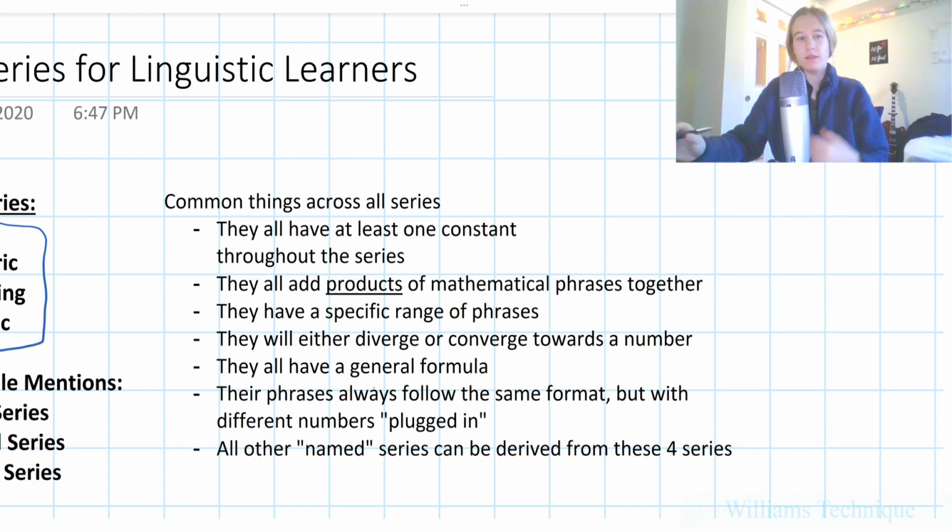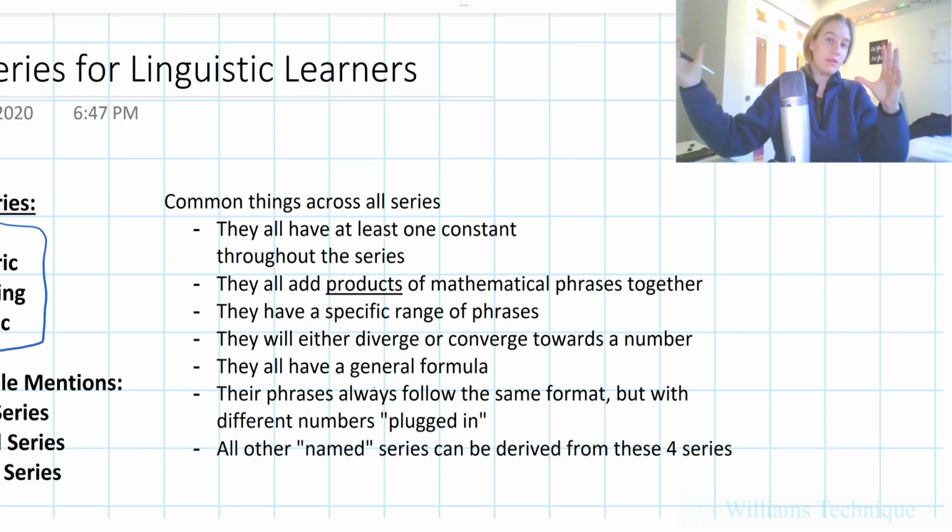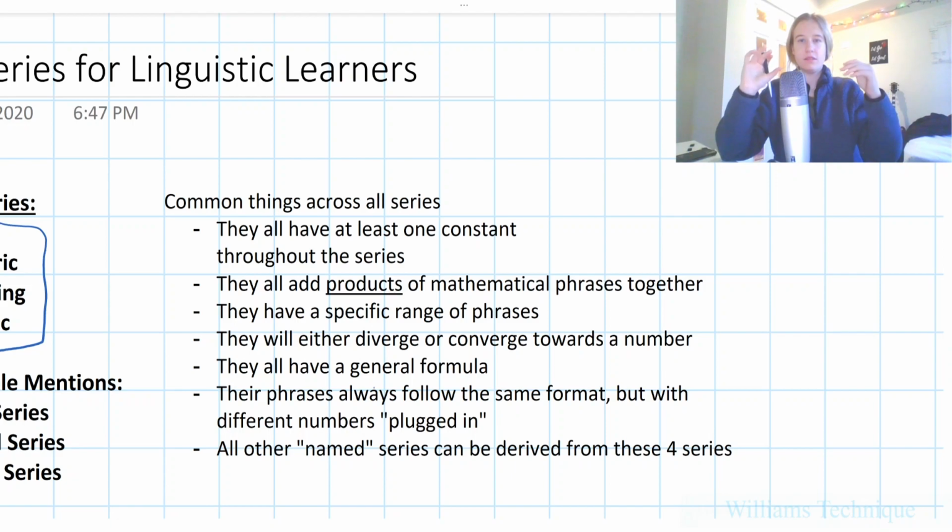All of these will either diverge or converge towards a number, meaning that if you keep on adding these phrases together throughout the range, they start to either level off and approach -7, or they start to approach 5 or something like that. That means that they converge if they level off towards a finite number.